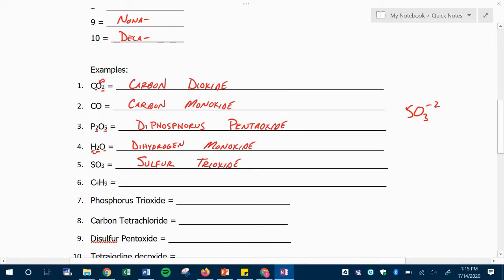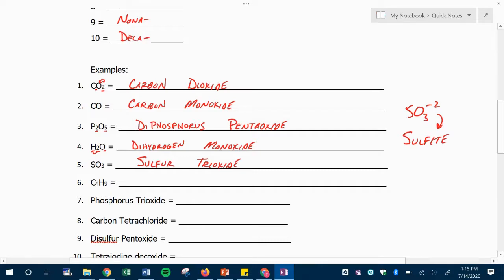So SO3 without a charge is sulfur trioxide. SO3 with a -2 charge as a polyatomic ion is sulfite. Keep in mind, the charge has a huge role when it comes to naming these things. If there is a charge, it's a polyatomic ion. No charge, it's a covalent compound.